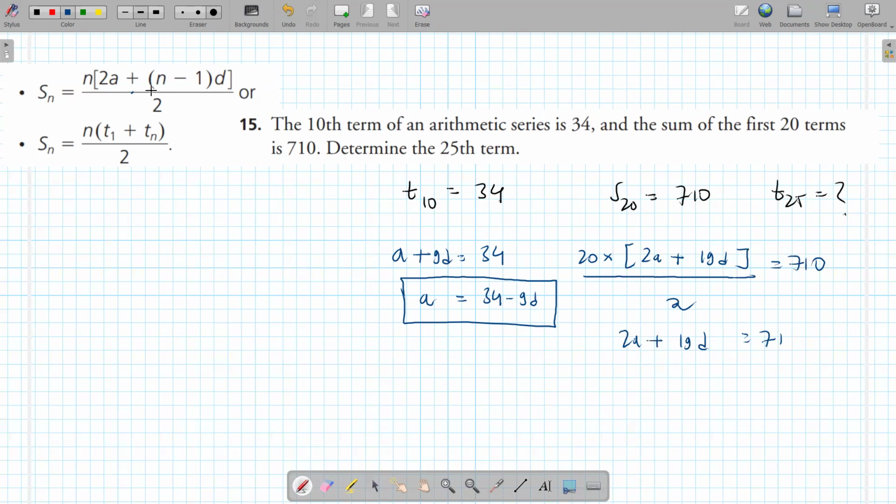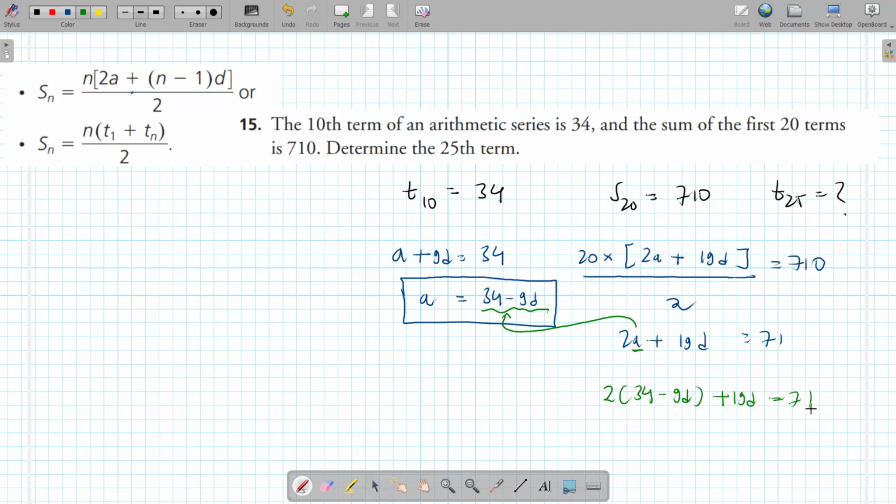Now I'm going to do a substitution. I'm going to replace this A with this term. So it'll be 2 times (34 minus 9d) plus 19d equals 71. We're doing this because we don't have A nor D. If both of them are missing, it's probably going to be a substitution or elimination question.